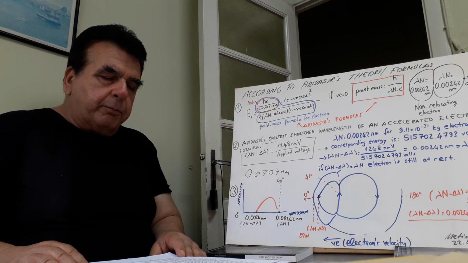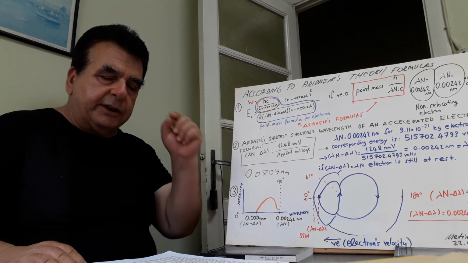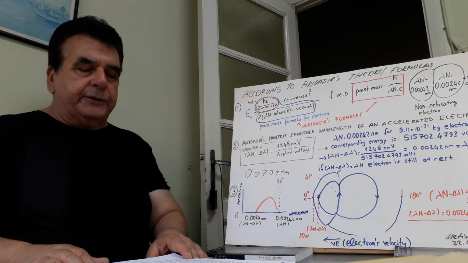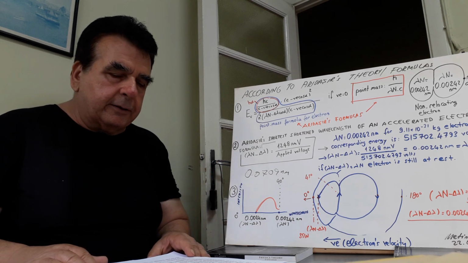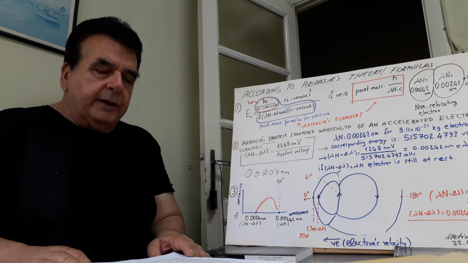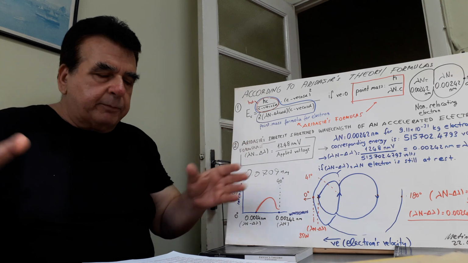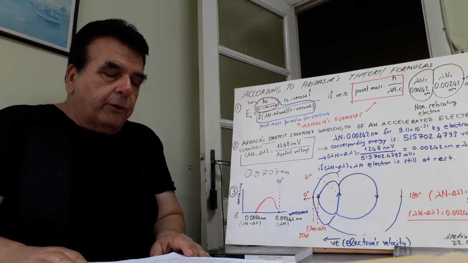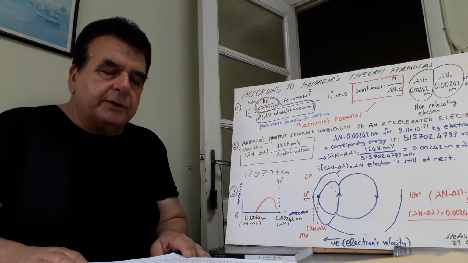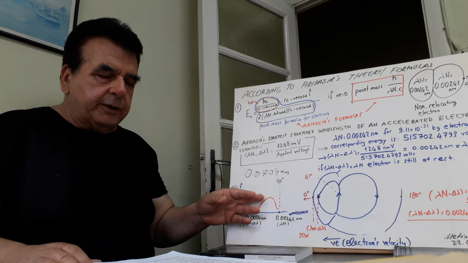Since this wavelength band starts from 0.00242 nanometer, it is not possible for the molybdenum K-alpha line 0.0709 nanometer and its shifted versions to be located here.